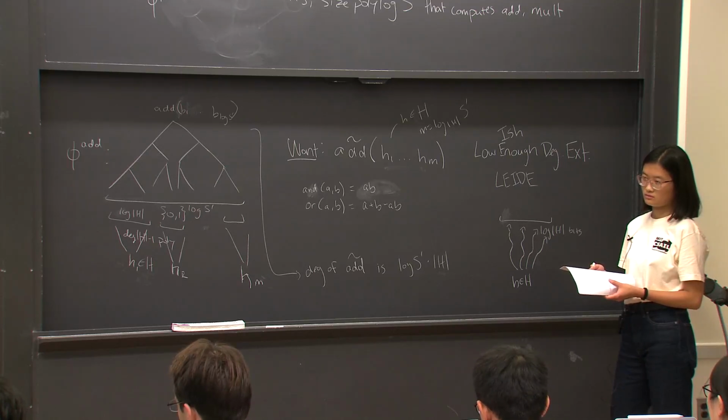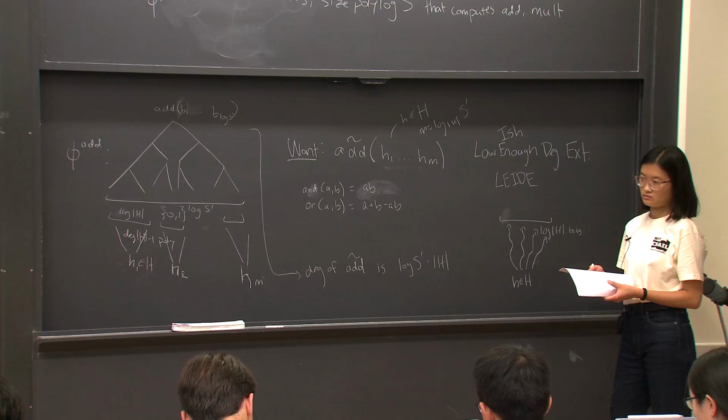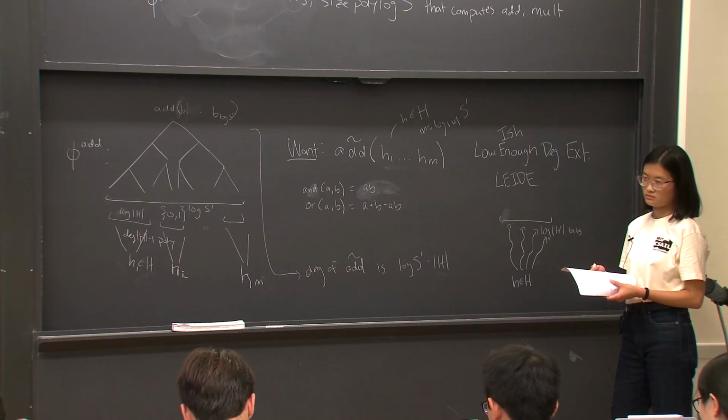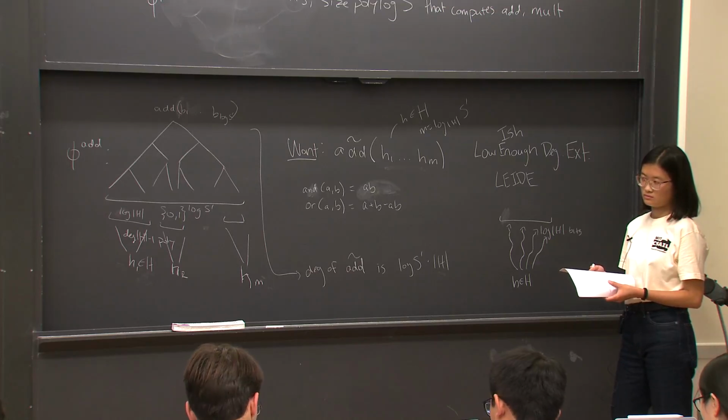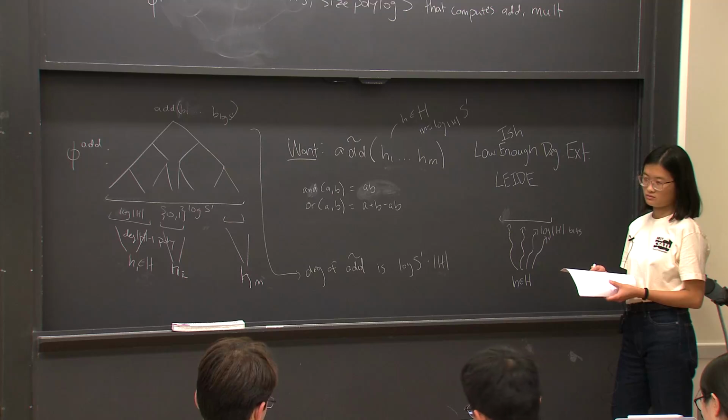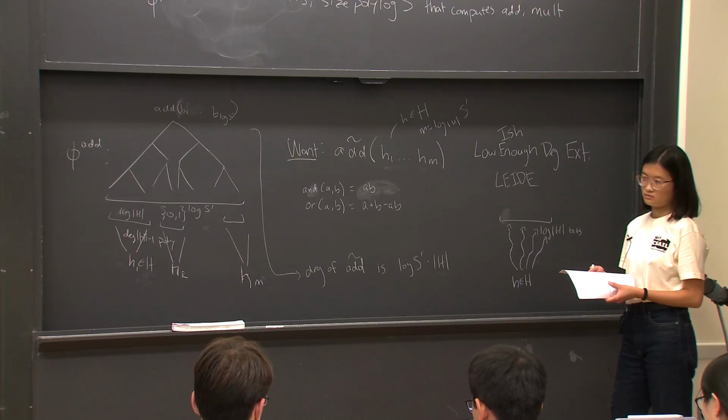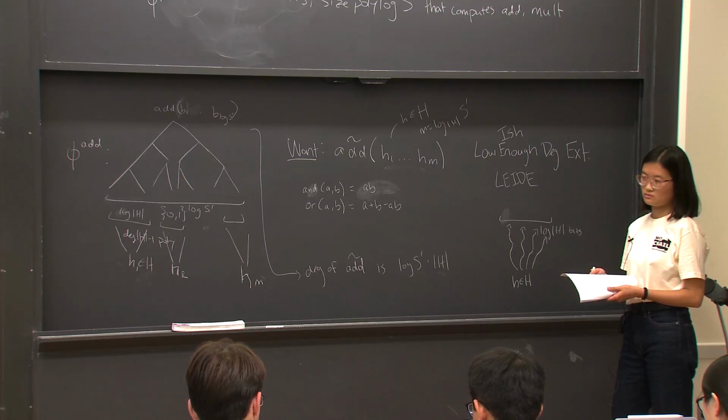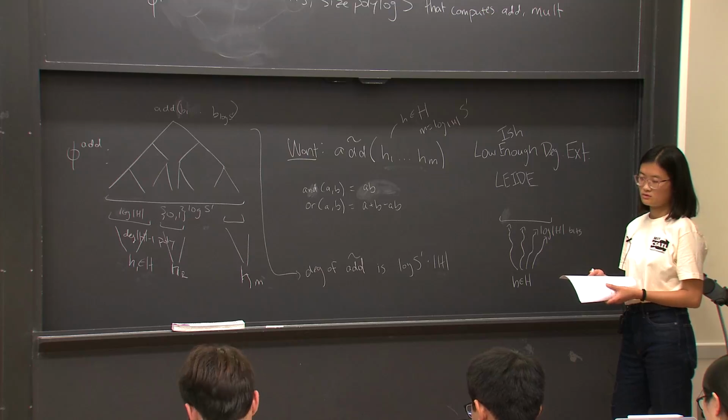Before, we were assuming these values from the large circuit, and if we have, say, an AND gate, then we plug in one big value and another big value and multiply them together.